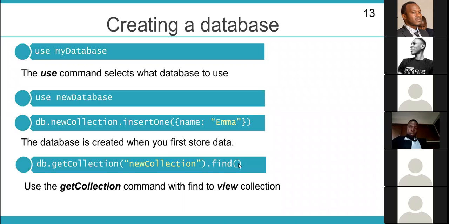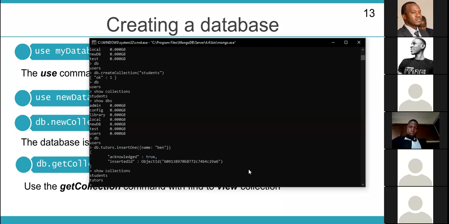Find can typically take in filter parameters, which is like an object that adds filters, things the engine bases on to extract data from the database, but we shall look at that later. For now, just know if you add find at the end of it, it should retrieve all the data in your collection. So we'll just try that on the tutors collection.